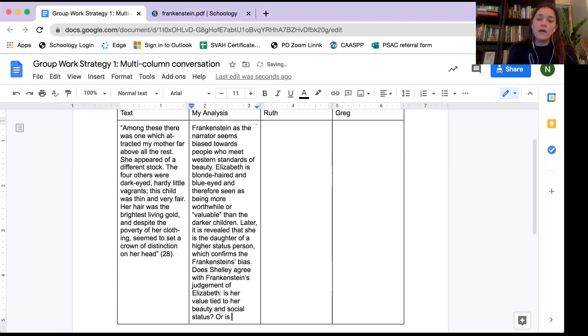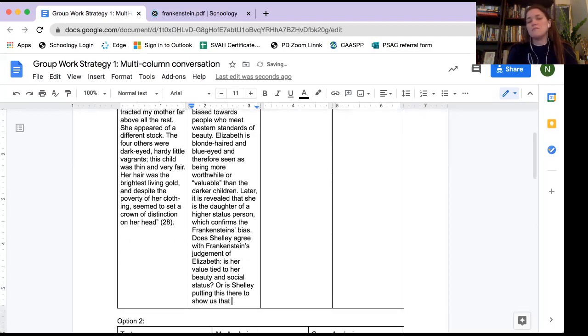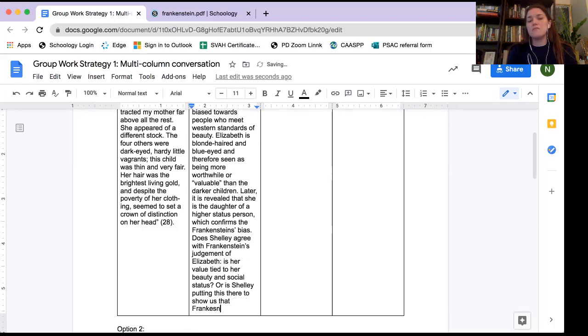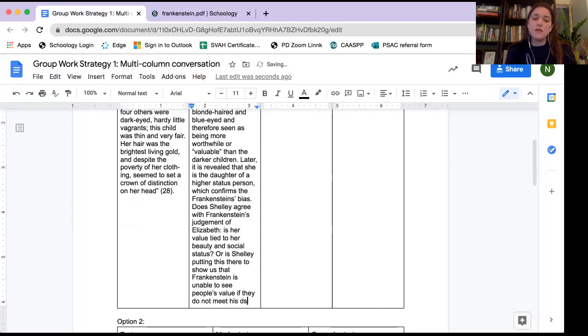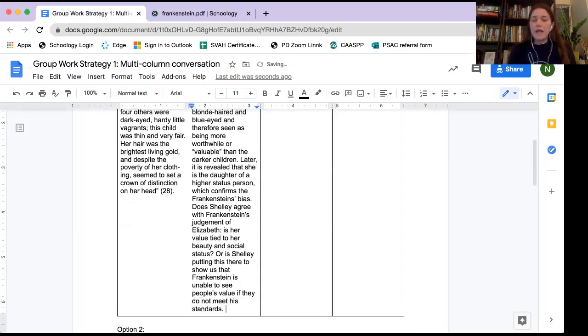Or is Shelley putting this there to show us that Frankenstein is unable to see people's value if they do not meet standards? Okay, so that's my analysis. That's a question, right? Because I'm still at the beginning of the book, so I'm still going to have a lot of questions.